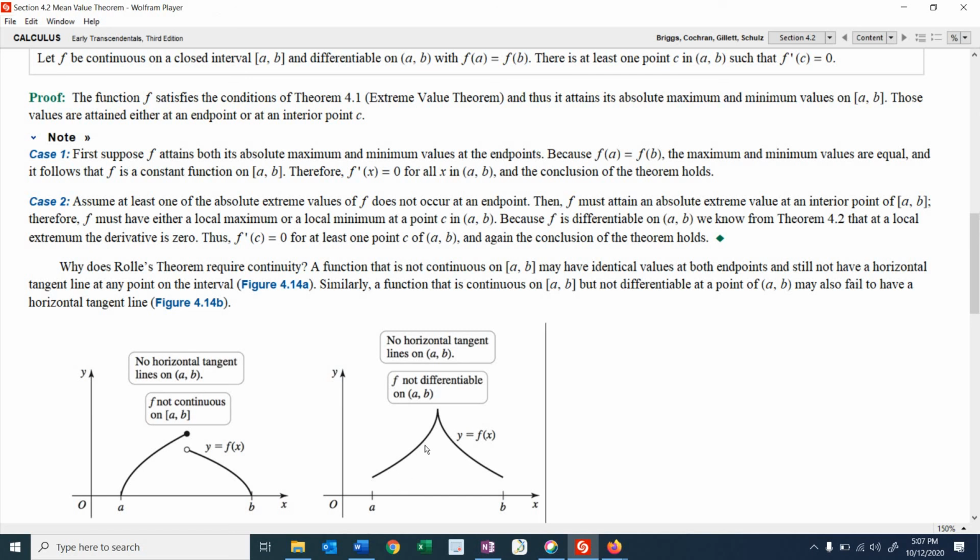The slope of these tangent lines are never 0. And the slope of the tangent line right here is undefined because you have a vertical tangent line right at that point. So there's no point at which the derivative is 0 in between a and b. And therefore, the conclusion would not hold in that case. So we need differentiability on the open interval from a to b for this theorem to hold, as well as continuity on the closed interval from a to b.